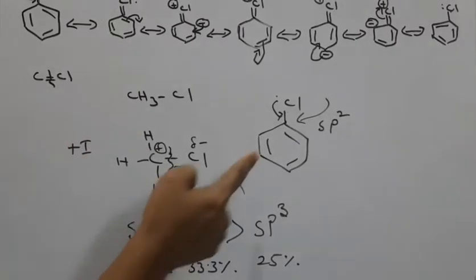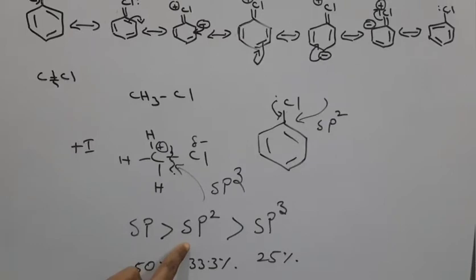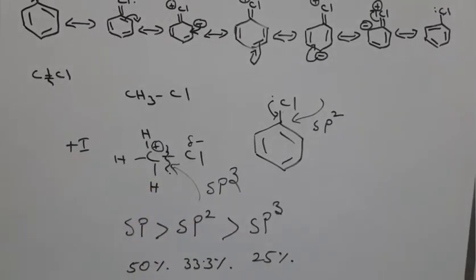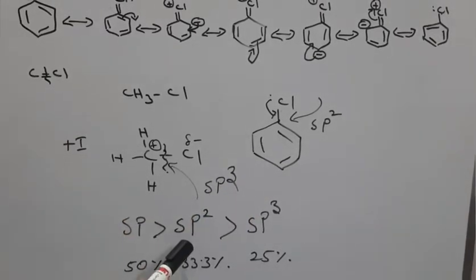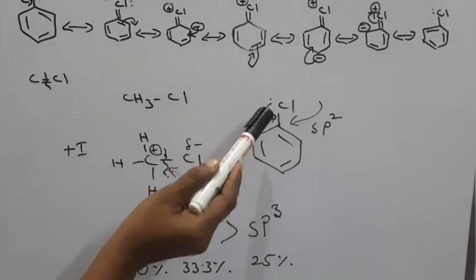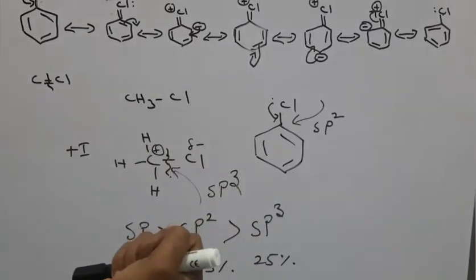We can see only that the arene group undergoes sp2 hybridization. For the alkane group, it is an sp3 hybridized carbon. So compared to this, with more s character, the halogen atom, being highly electronegative, can hold the electrons towards itself.